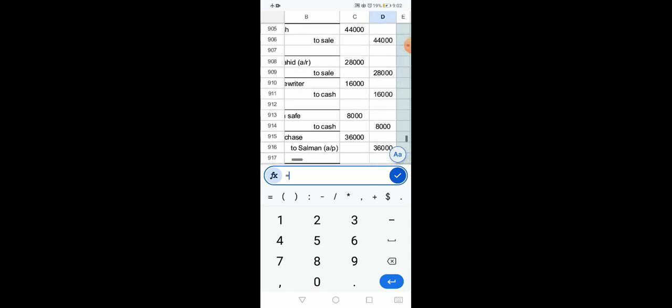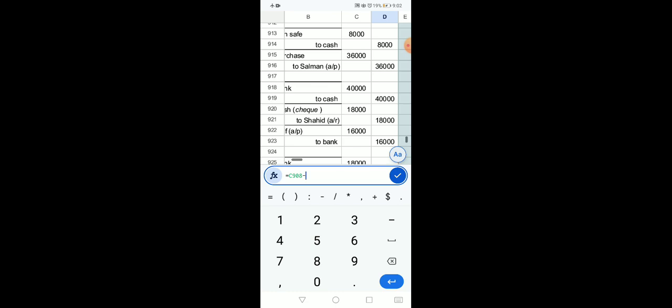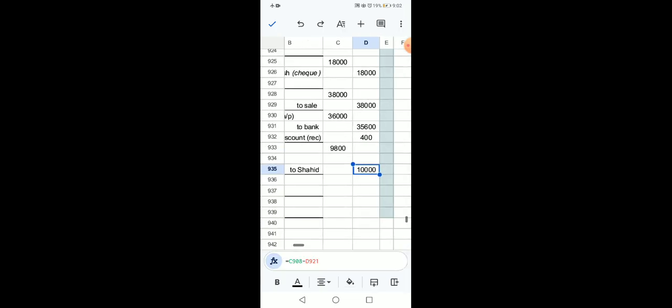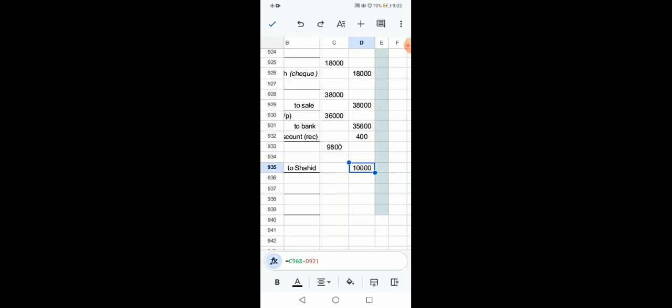The amount receivable from Shahid was 28,000. Out of this 28,000, we have received, look, here is Shahid, 18,000 from Shahid. So the remaining amount still receivable from Shahid was 10,000. And in full settlement of 10,000, you are receiving only 9,800.